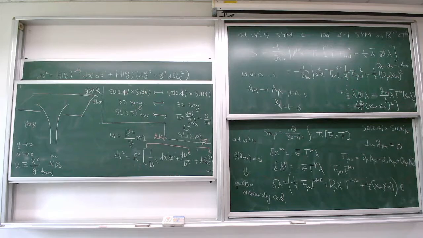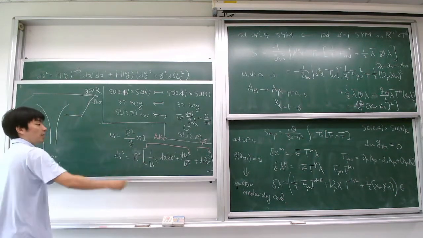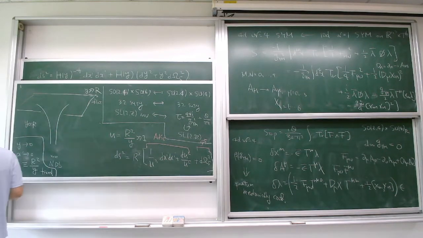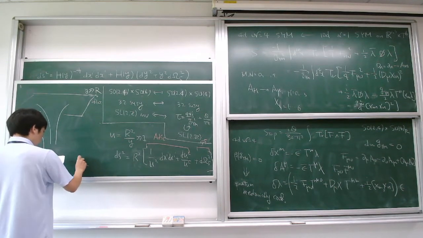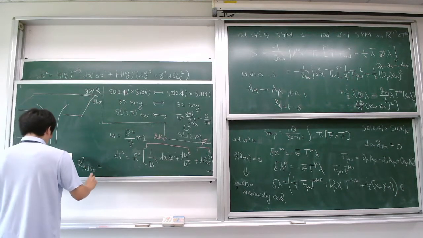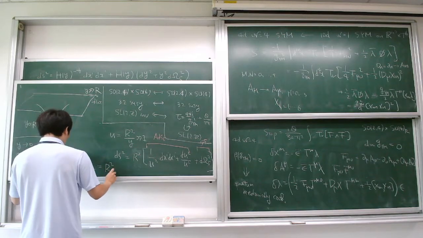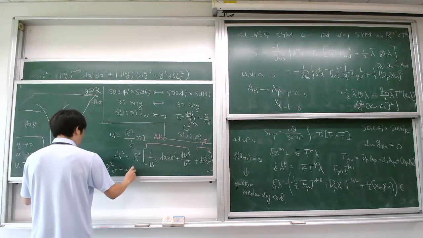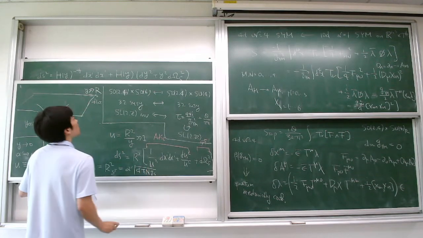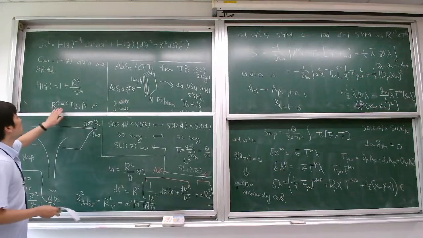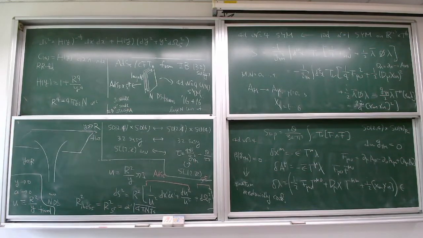If you take this limit, the metric is like this, and this is AdS5 times S5, with R squared for both AdS5 and S5, and R^4 is 4 pi N g_s alpha prime squared.